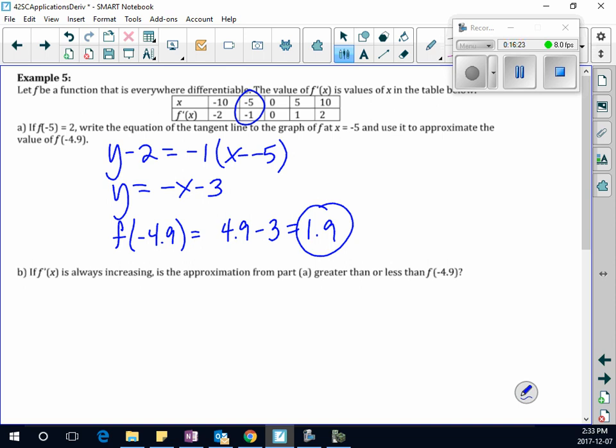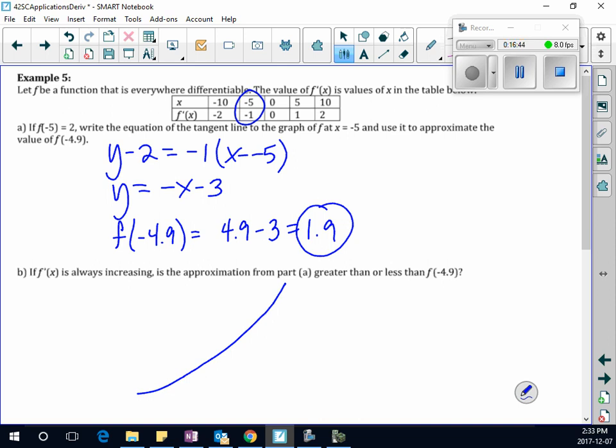If f prime of x is always increasing, is the approximation for part A greater than or less than f of negative 4.9? Less than. If it's increasing, think about this: it's concave up, right?